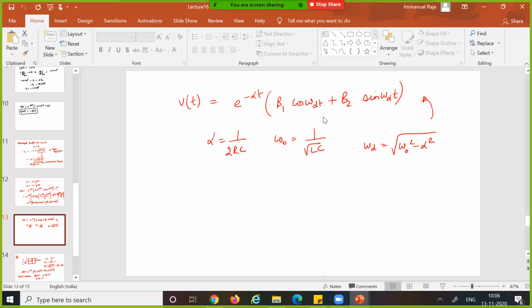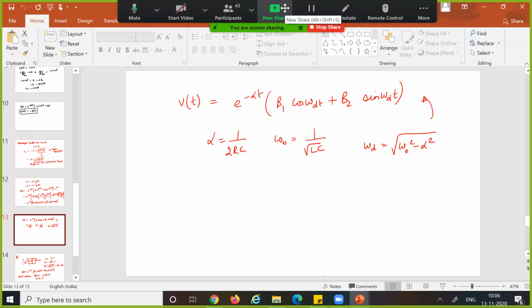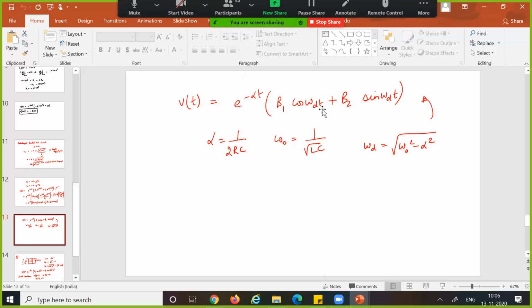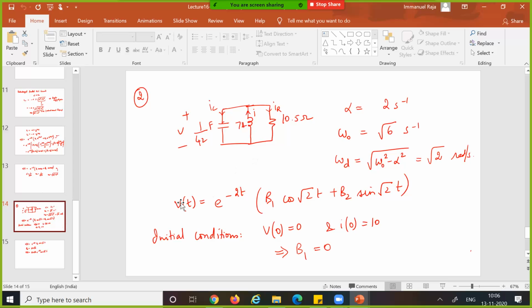This is good enough for our solution, and even in practice it has been shown to be valid. So for a parallel RLC circuit, alpha is 1 by 2RC, omega naught is 1 by root LC, and therefore our job is to find the constants B1 and B2. We took up this example in the last class, the same example that we had from the beginning.